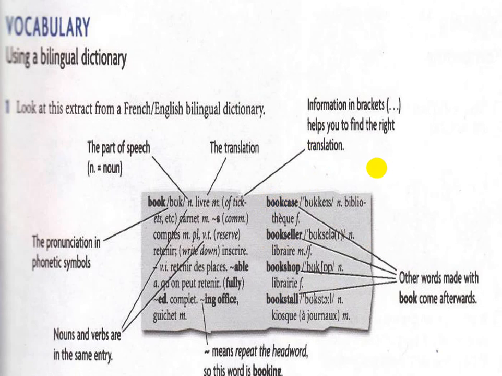For example, bookcase, bookseller, bookshop, bookstall. So here, other words made with book come afterwards. يعني تأتي الكلمة بعد كلمة البوك. So here is the explanation of a bilingual dictionary.